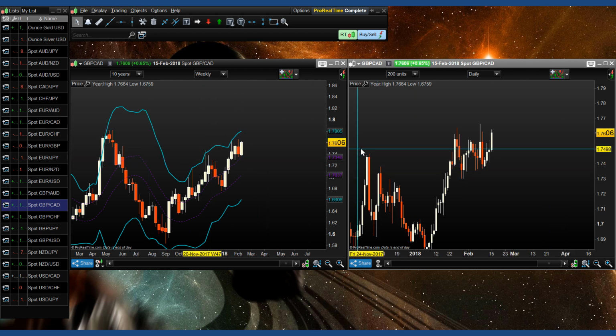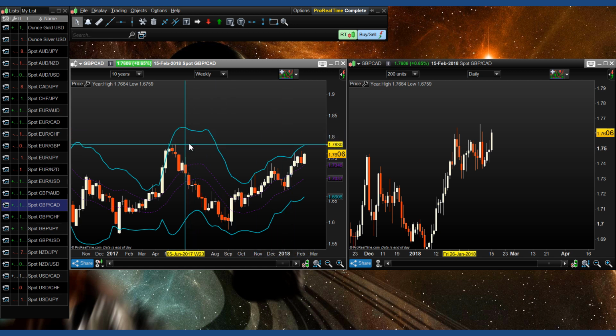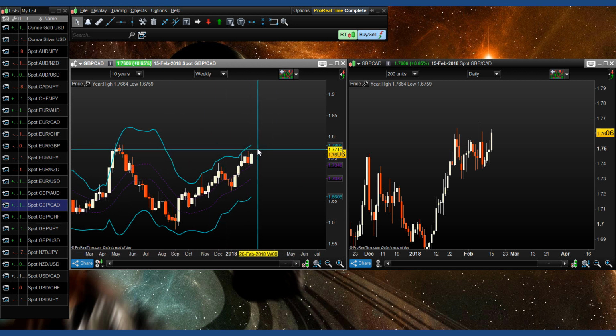However, going out on the longer time frame, I can see that there is possibly resistance coming up at around 178.50 area, and this was the high that was made back in May of last year. So when price gets up there, this level may challenge that, so it could hold it there for a bit.